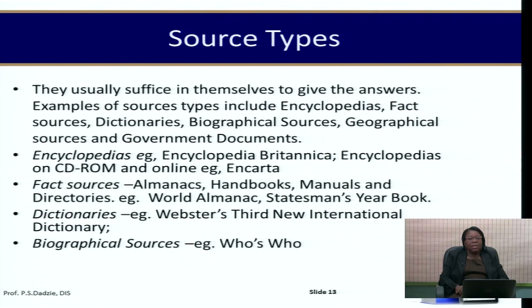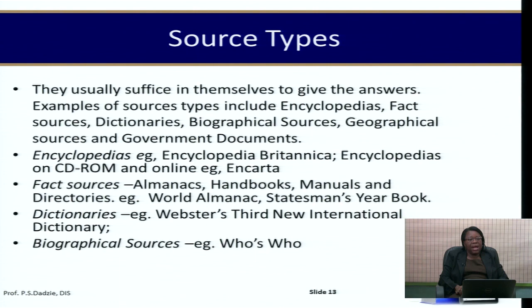The first one we call encyclopedias, which you are all very familiar with. The second type we call fact sources. Now, fact sources examples include almanacs, handbooks, manuals, and directories.